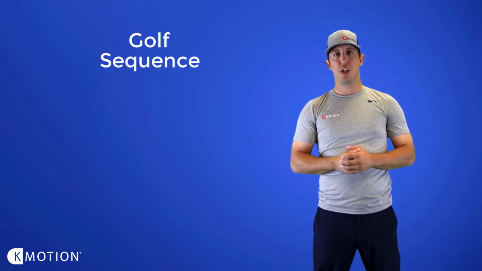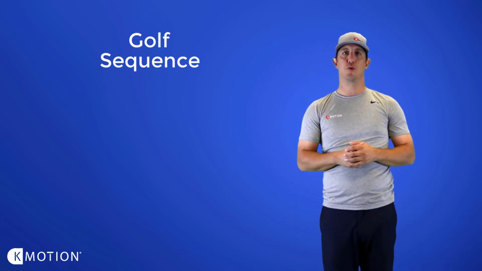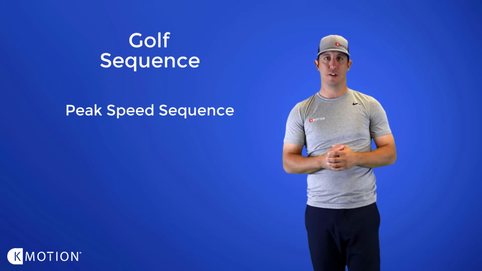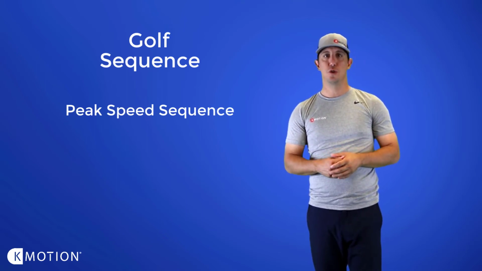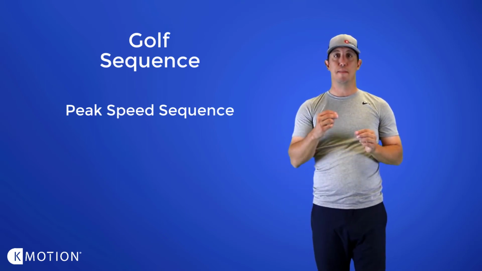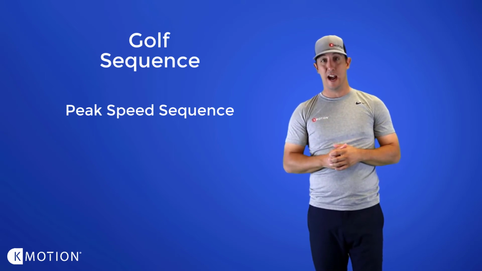Now the third sequence that we pay attention to in the golf swing is what we call the peak speed sequence. Peak speeds are referring to when each segment reaches its maximum rotational velocity in the downswing.